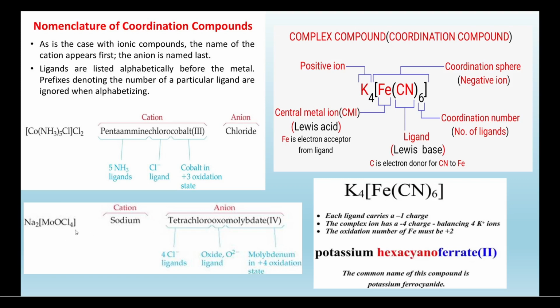Here there are 4 chloro ligands and 1 oxide ligand, and molybdenum is the central metal ion. The charge for chloro is -1, and 4 ligands are bound with the central metal ion, and 1 oxo. The oxide ligand is also present.